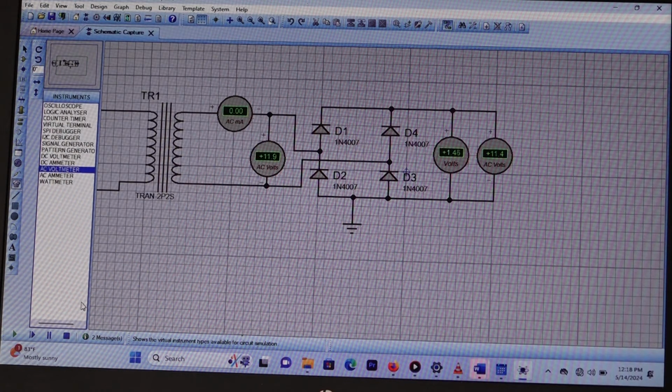To get the response about what we have, just take 11.4 multiplied by under root of 2, because that is the root mean square voltage. That gives 16.12, then plus 1.44. So at least it's near what has been supplied.